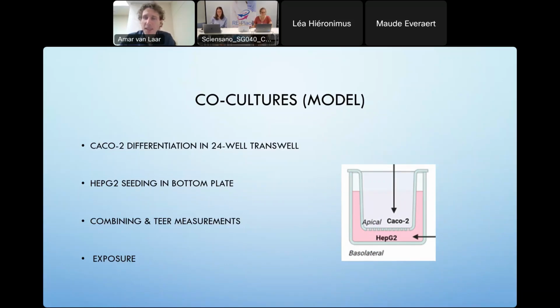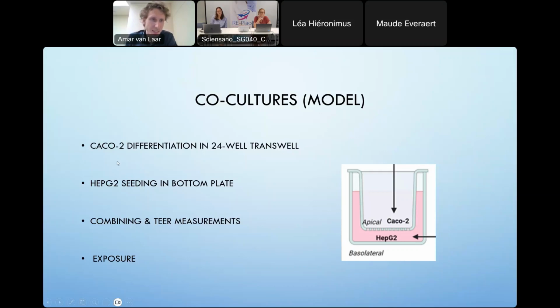This is because CACO2 cells are more like colon cells, but they differentiate spontaneously and then obtain a more enterocyte, so small intestine-like phenotype, during which they obtain the activity for enzymatic digestion of sugars and also for the transporters.